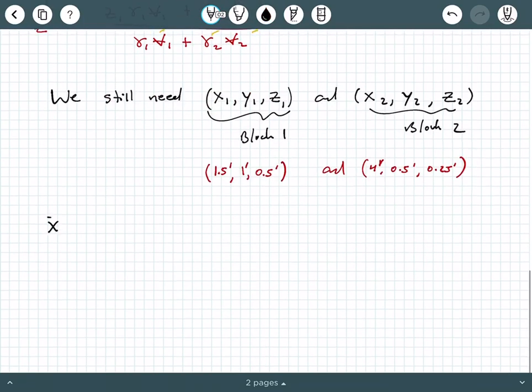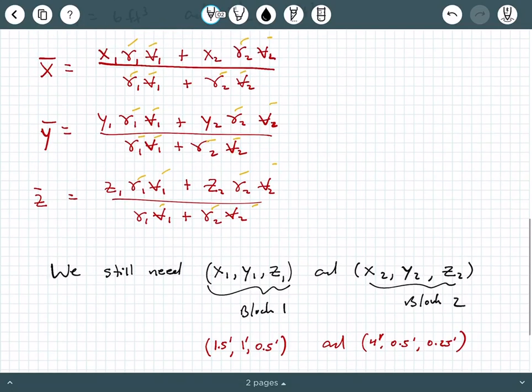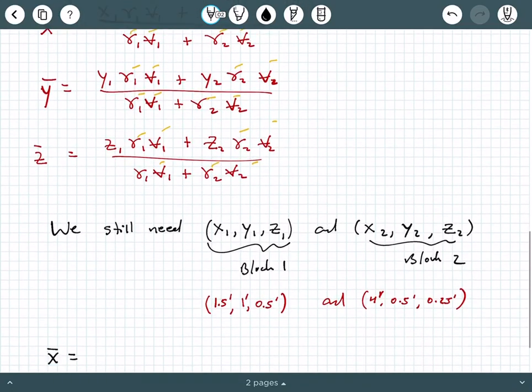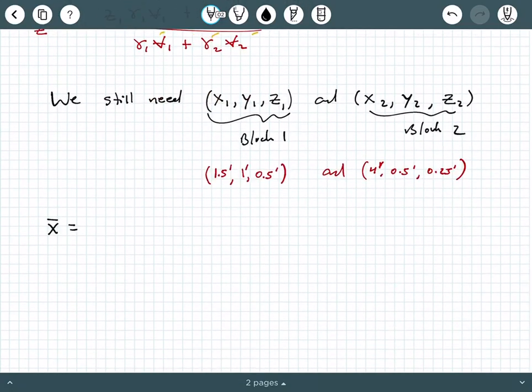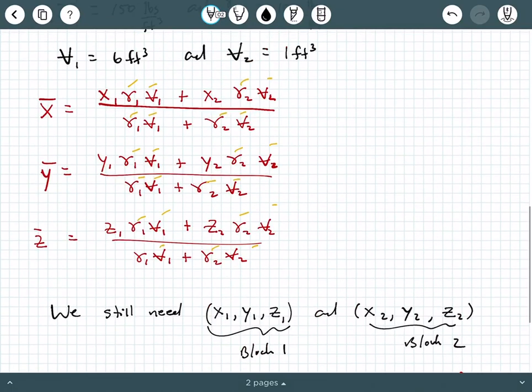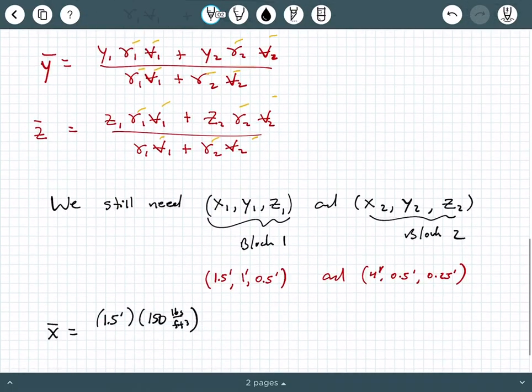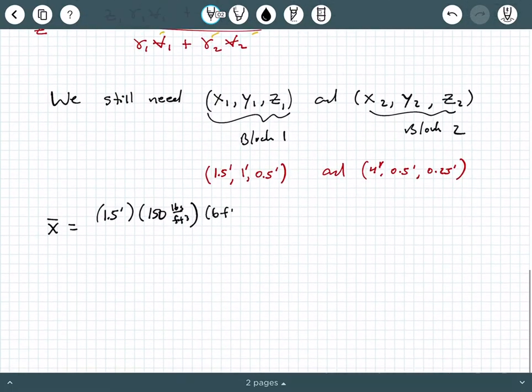Okay, so now we're ready to go. We're going to say x bar is equal to x1 gamma 1 volume 1. So 1.5 feet. Gamma 1 was 150 pounds per cubic foot. And volume V1, what was that? We calculated that earlier, 6 cubic feet.